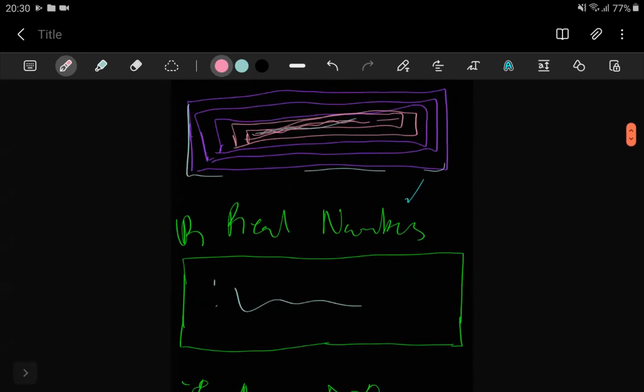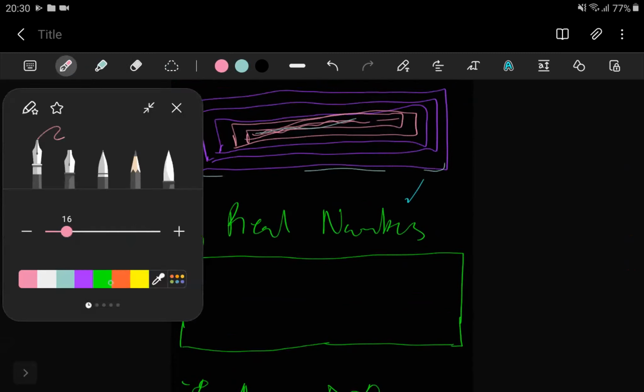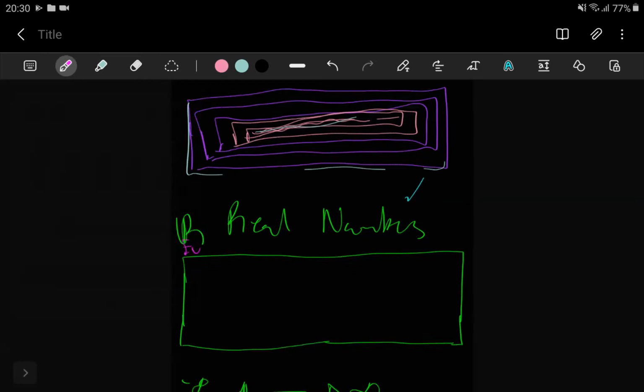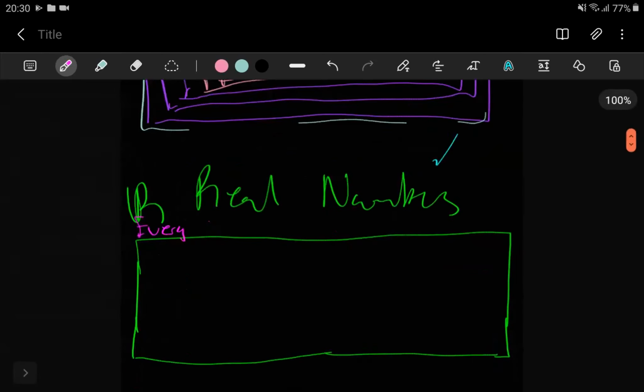So obviously, all those are inside real numbers, because real numbers is like every single number ever. Let me put it here also: every number that exists.